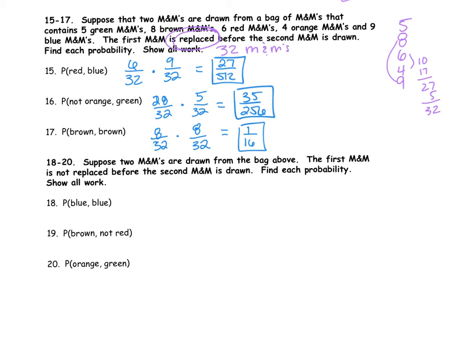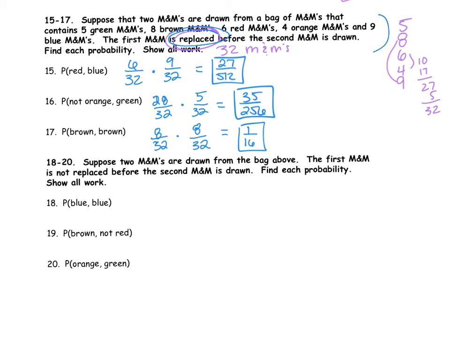Okay, so I just wrote out the answers there just so you could check so that you don't have to listen to me. Hopefully at this point you're having a better understanding of how to solve them. But really the directions are just in the paragraph here. Is replaced, is independent, is not replaced, is dependent.